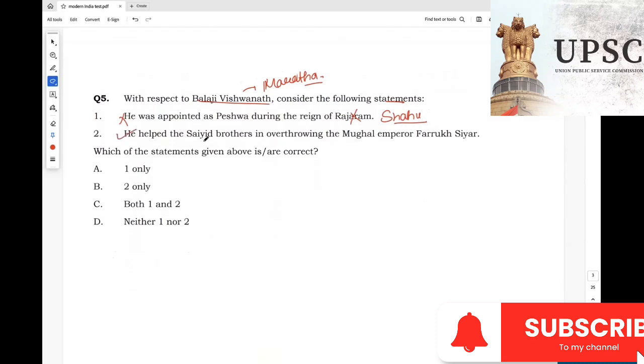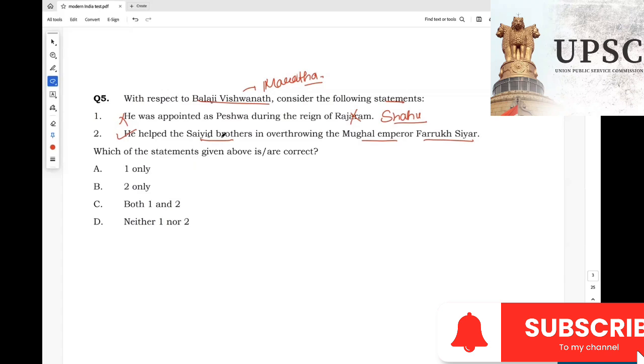He helped the Sayyid brothers in overthrowing the Mughal emperor Farrukhsiyar. Farrukhsiyar was the ruler who came before Muhammad Shah. All right, so please keep these things noted. Farrukhsiyar was the one before Muhammad Shah came to power. And all of you know Farrukhsiyar is known for issuing the Farman to the East India Company about free trade that the company can conduct against a lump sum amount.